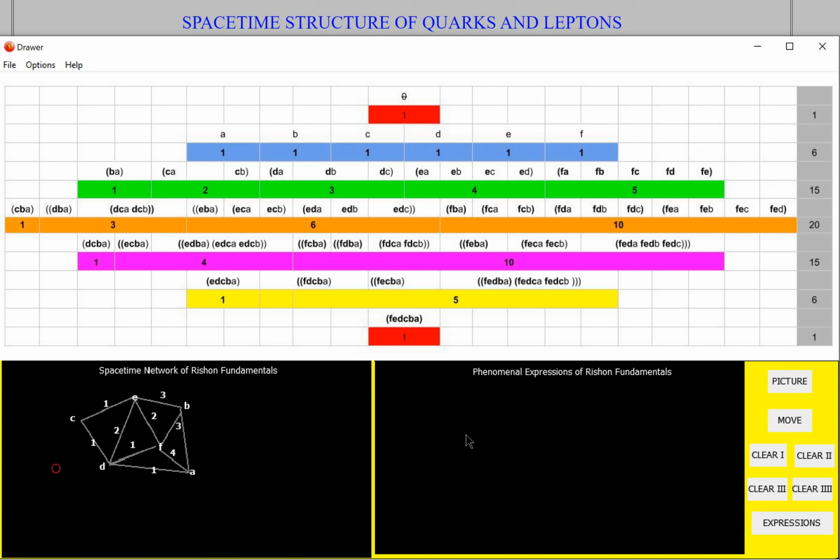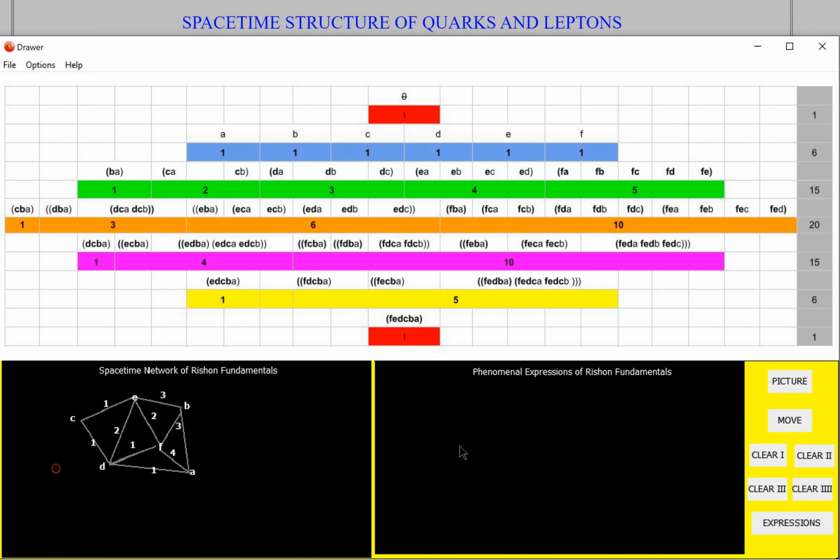As suggested previously, the expressions of relating Rishon fundamentals in space-time are the foundational elements of the standard model particles and forces. So the expressions of these fundamental Rishons, indicated here by these letters, create the foundational elements of the standard model particles and forces.